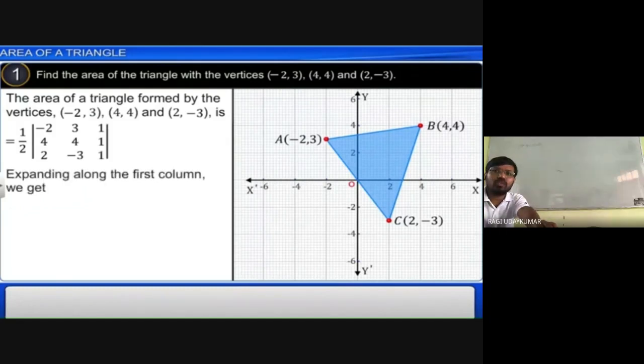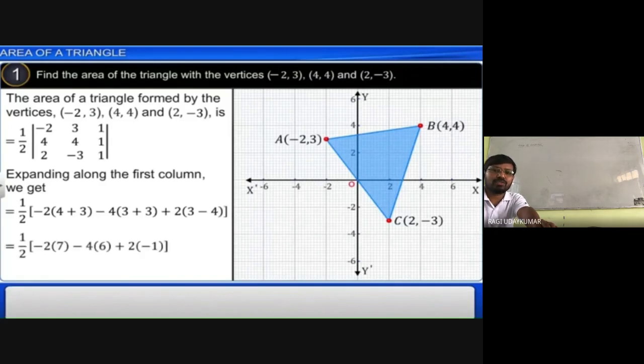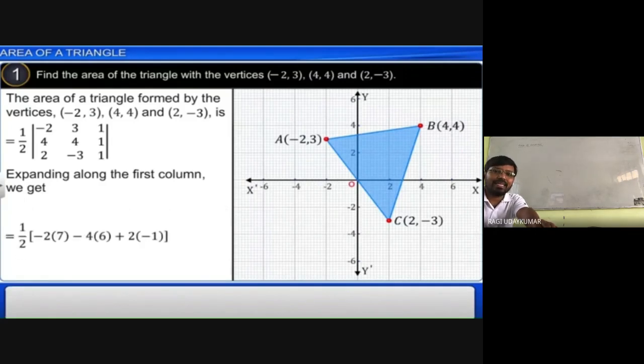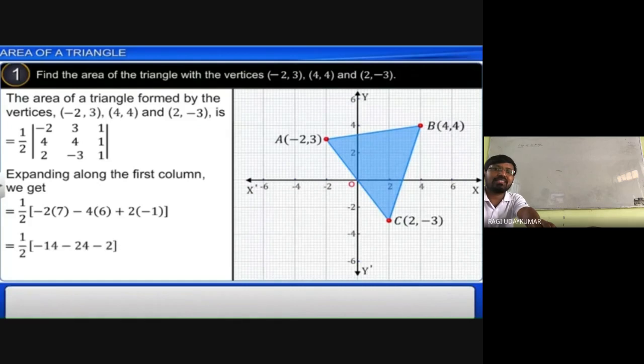Expanding using the first column, you will get minus 2 into 4 minus of minus 3, plus 3, and minus 4 into 3 minus of minus 3, plus 3, plus 2 into 3 minus 4. Instead of writing the points as x1, x2, better you directly solve it like this.